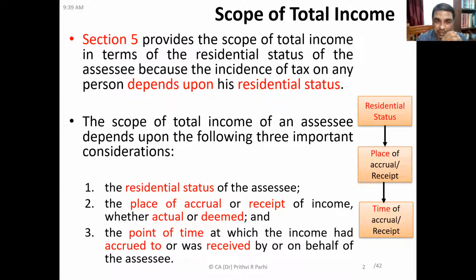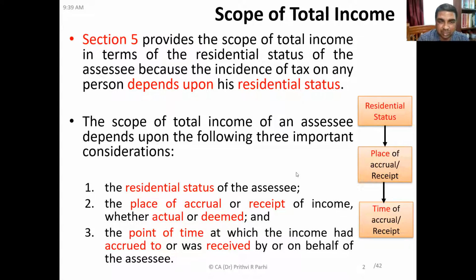Third one is the time of accrual, the time of receipt. So status, place, and time. These three things are relevant to arrive at the total income.